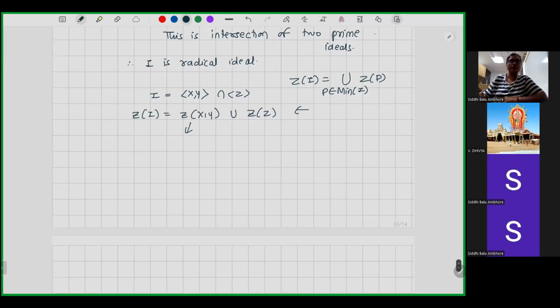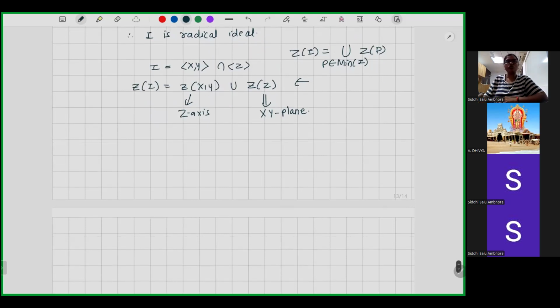This corresponds to the z axis, and the zeros of the other correspond to the xy plane.